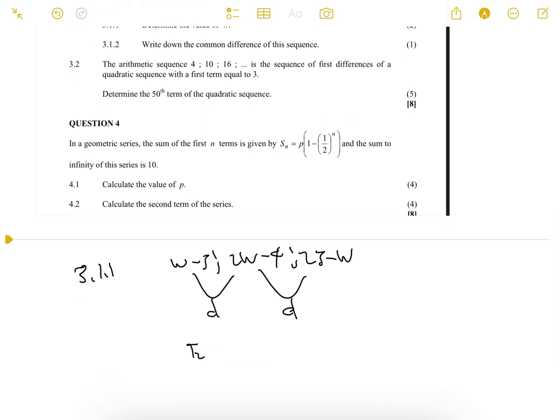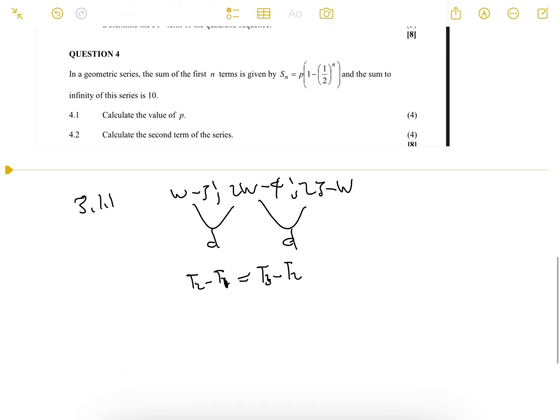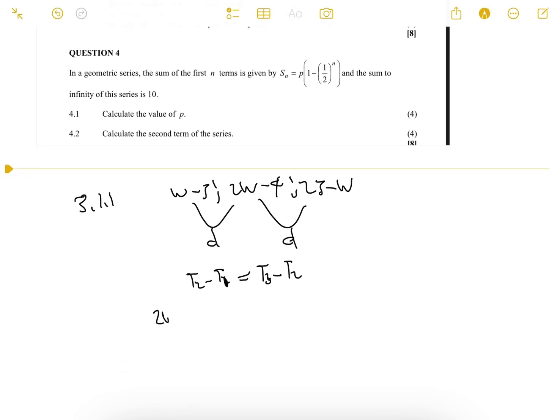That means T2 minus T1 equals T3 minus T2. This right here is 2w minus 4 minus everything in brackets, guys, so that you don't miss the signs, w minus 3. Instead of positive 3 at the end, you might end up with negative 3. I'll show you that in the next step.